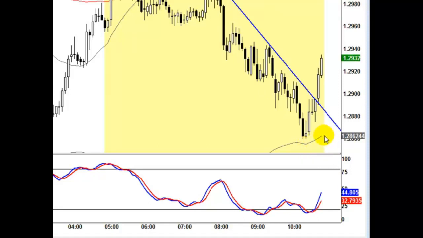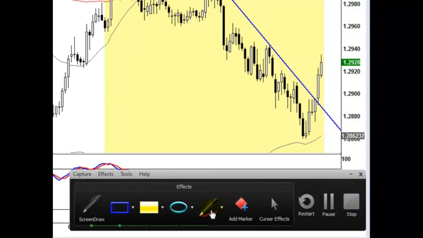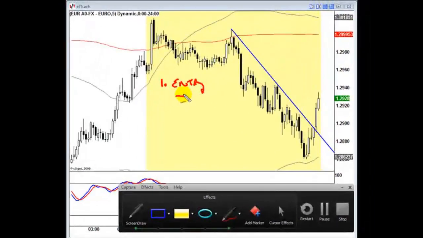let's just recap. Let's go all the way back to the entry signal and the points that I've covered so far. The entry is on a trend line break and close.